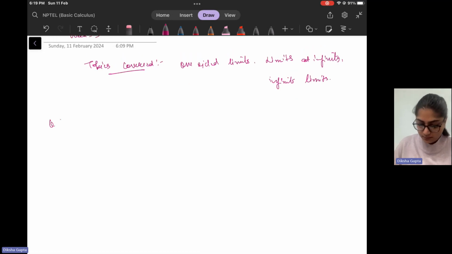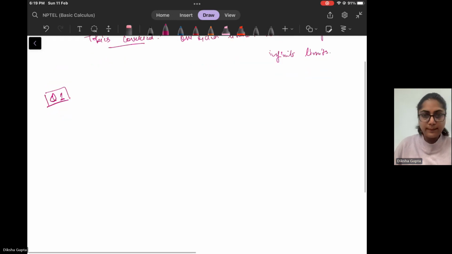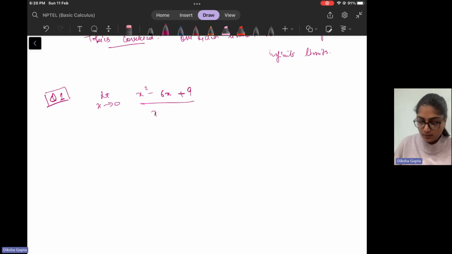So question number 1, you have to evaluate the limit x tending to 0 of (x square minus 6x plus 9) upon (x cube minus 4x square plus 3x).